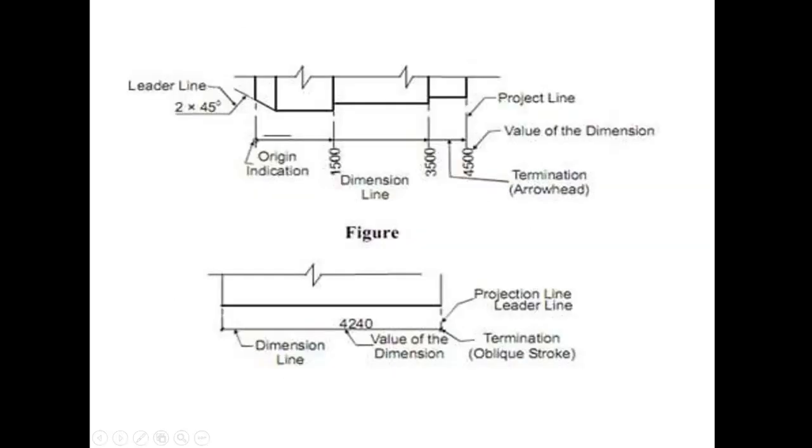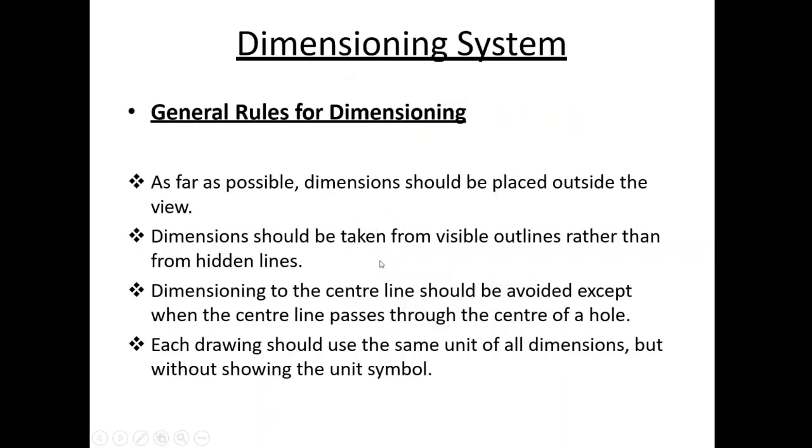In this figure we can see the continuous thick lines are nothing but the outlines. These are the projection lines, extension lines. These dimensions are given with respect to these visible outlines. So the second rule is that dimensions should be taken only from visible outlines.